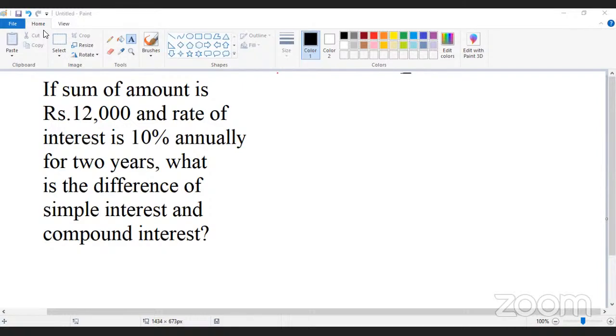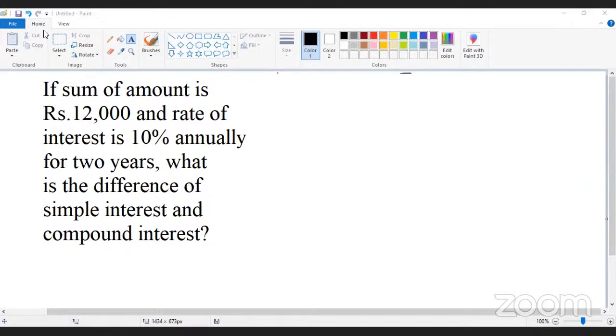Have you solved this question before? Have you solved a simple interest compound interest difference question before? Yes or no? So they're asking the difference. They are not asking what is SI and CI.